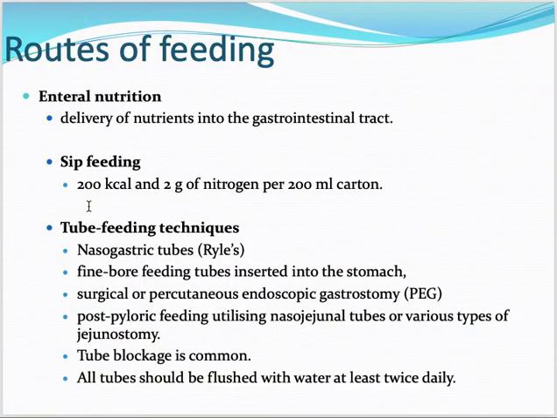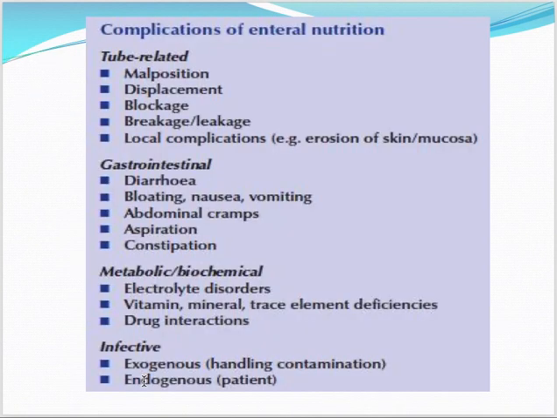We can give by tube feeding. For that, we can use a nasogastric tube. We can use percutaneous endoscopic gastrostomy, and these are the things that can happen. Tube blockage is common, and all tubes should be flushed with water at least twice daily. These are the complications of enteral feeding.